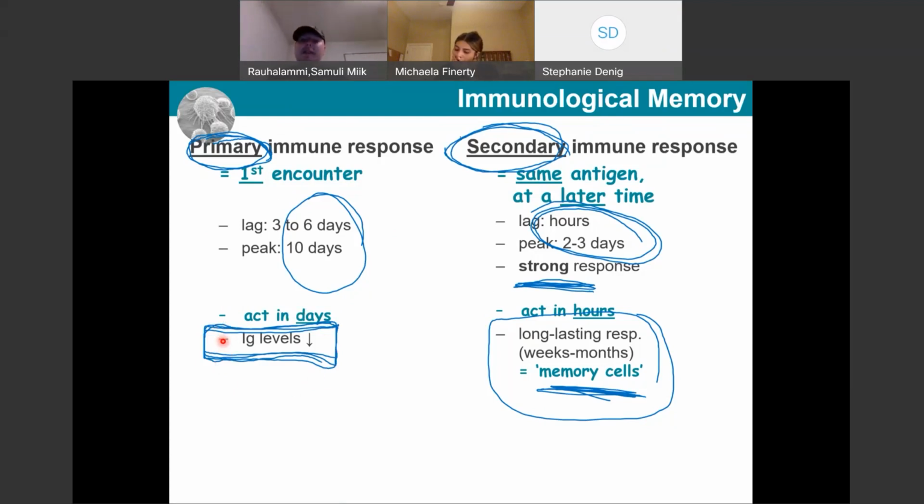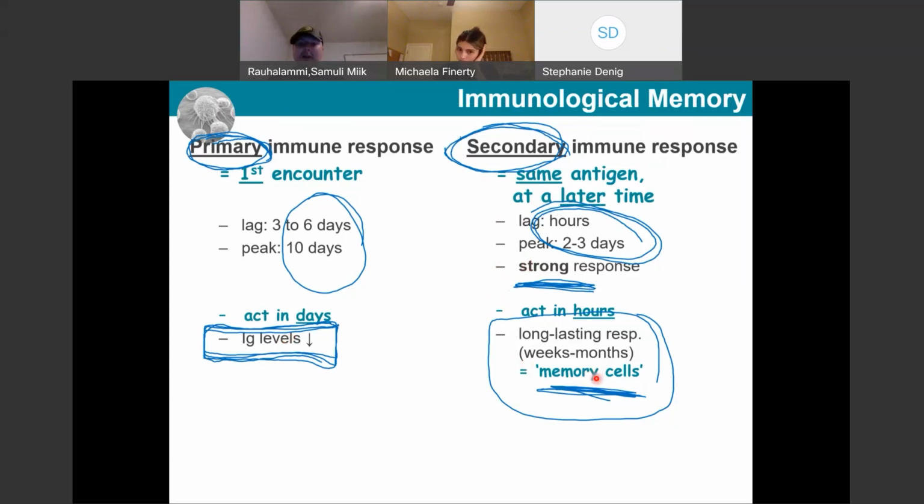If we compare this to the secondary immune reactions, when you meet that same antigen again at a later time, what we'll notice is that this secondary response is super fast. Within hours, we get a response, and this response is hugely stronger than what we saw in this primary response.